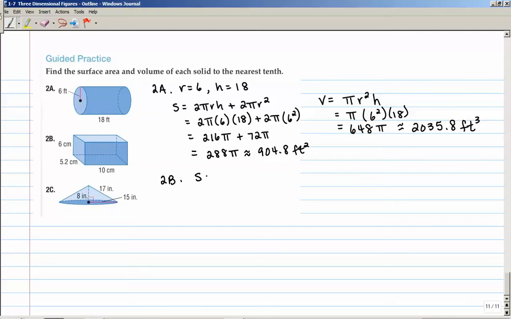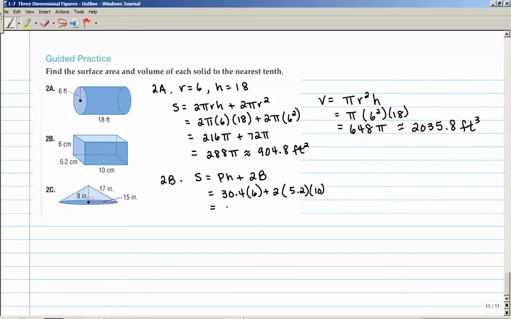So surface area of a prism is the perimeter of the base times the height plus 2 times the area of the base. So the perimeter of the base is going to be 5.2 plus 10 plus 5.2 plus 10, or 30.4. The height is the distance between these two bases, which is going to be 6, and 2 times the area of the base, and I chose the bottom to be the base, so that's going to be 5.2 times 10.